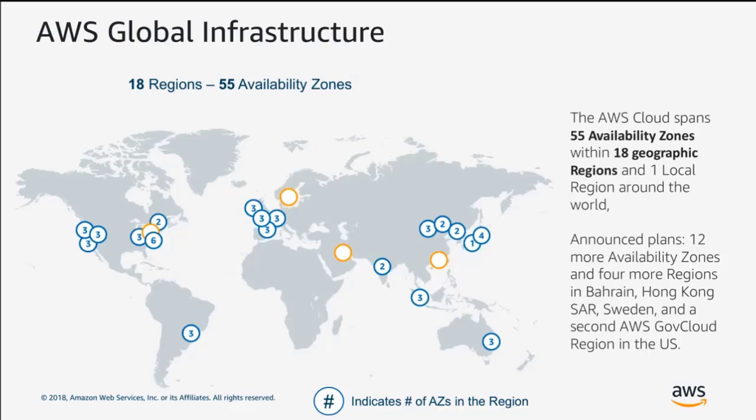And we are looking at, or have already announced plans to expand in, 4 more regions: one in the US, one in Sweden, Bahrain, and then an additional region in China. And with this global infrastructure, you can access the full power of everything that AWS has to offer, including a lot of the high-powered, high-performance compute resources that we have, which I'll describe in a little bit.